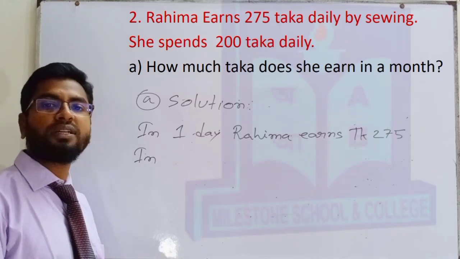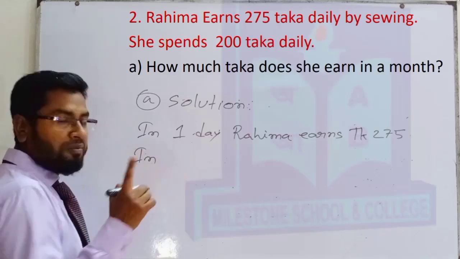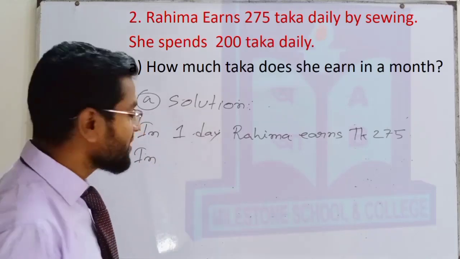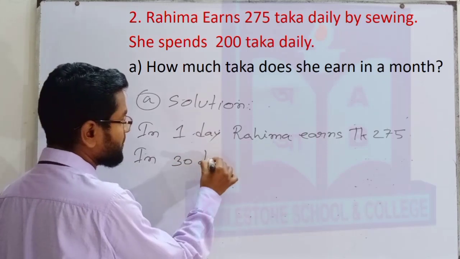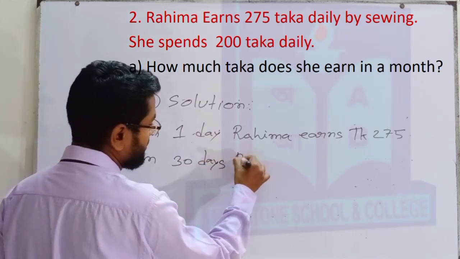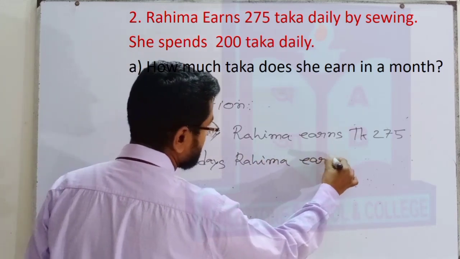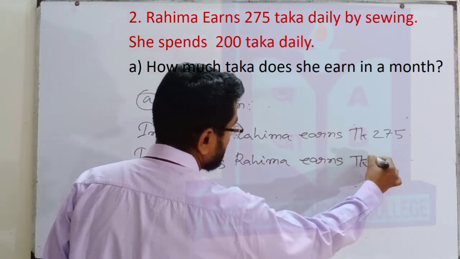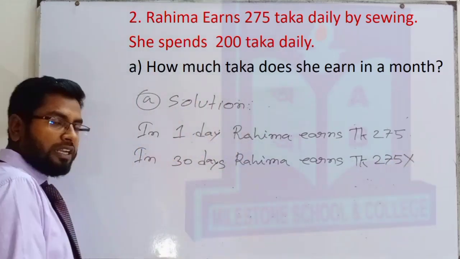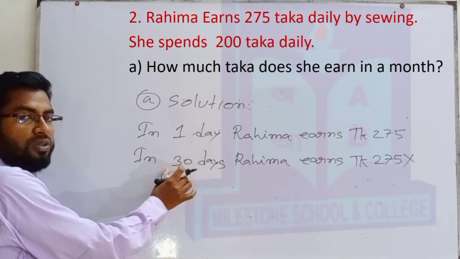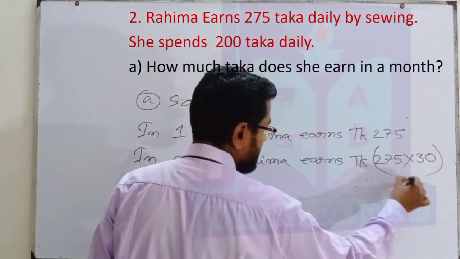1 month equals how many days? Yes, 1 month equals 30 days. So we will write, in 30 days Rahima earns taka 275 multiply. It will be multiply because from one day we need to find 30 days.